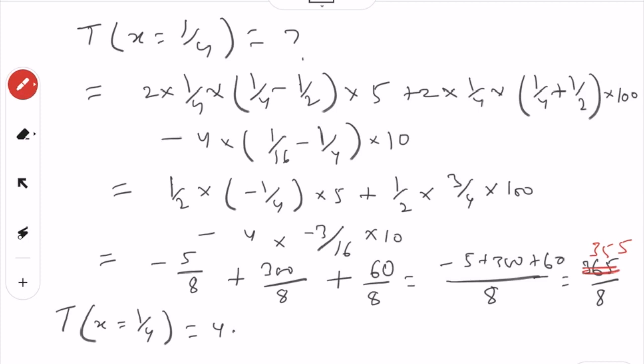Okay, so the value will be 355 divided by 8.